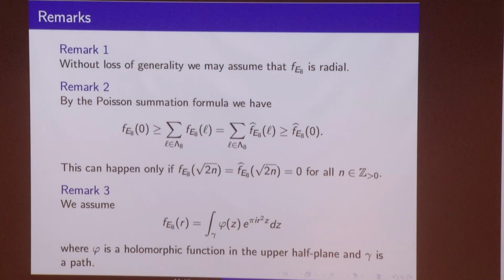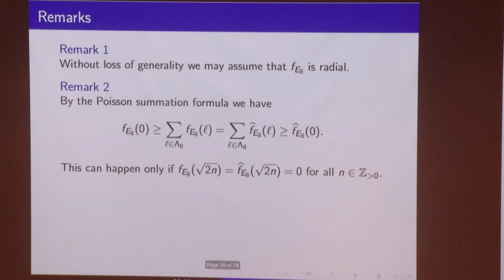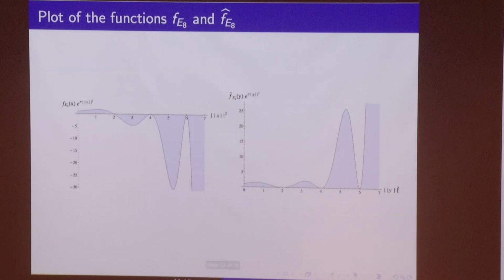And somehow the reason for this is the following: something we discovered numerically is that, before we were able to compute this function f explicitly, we tried many different numerical experiments to compute this function.